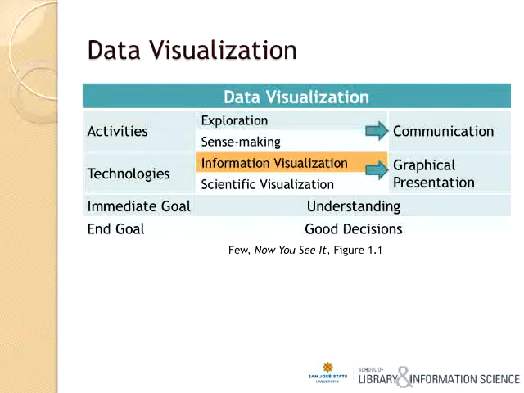Both of them have activities including exploration of the data and sense-making. And ultimately, we want to communicate and inform others more effectively. For technologies, information visualization uses graphical presentation to show the data and understand our data more thoroughly. And finally, which is something we would like to keep in mind, the end goal is to make good decisions based on our data.